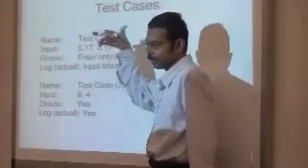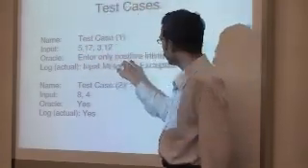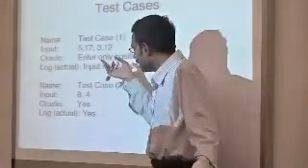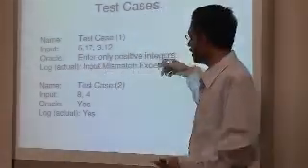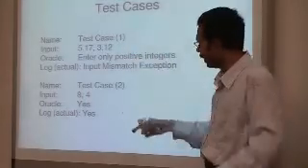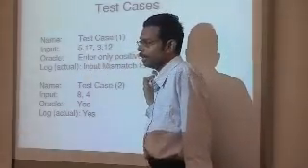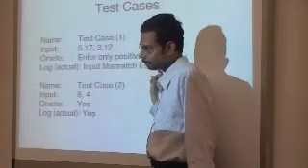So you would expect the program to throw an error telling enter only positive integers. Okay? But it does throw an error, but it's not really captured as a formal error message. It's like an exception. That's what happened when we ran this, right? We got an input mismatch exception.